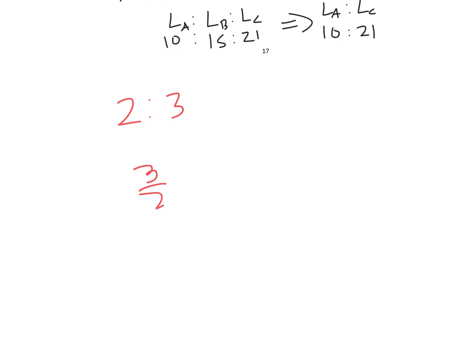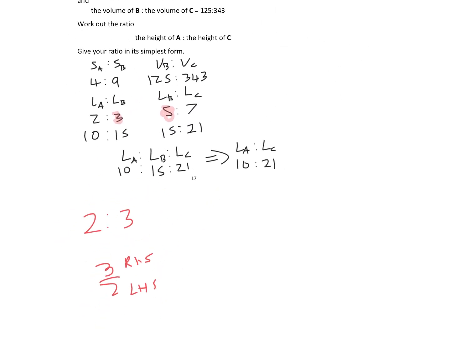So you could always, I suppose, put the right hand side as your top and the left hand side of the ratio as the bottom if you want to work with scale factors and have your scale factors as fractions. I'll do that now if you do want to listen on, otherwise just move on yourself.